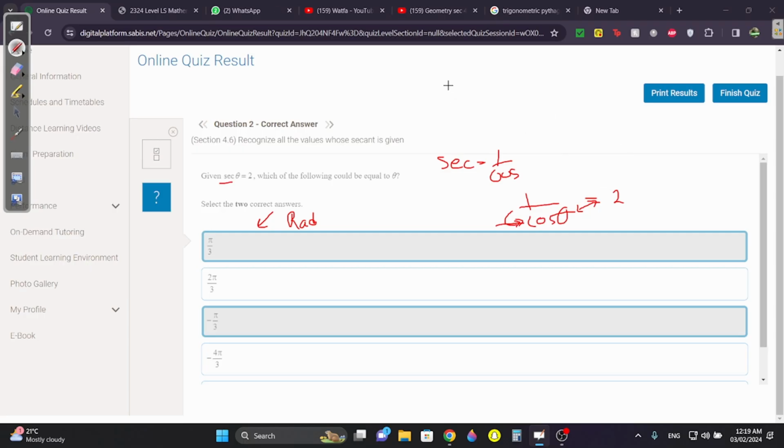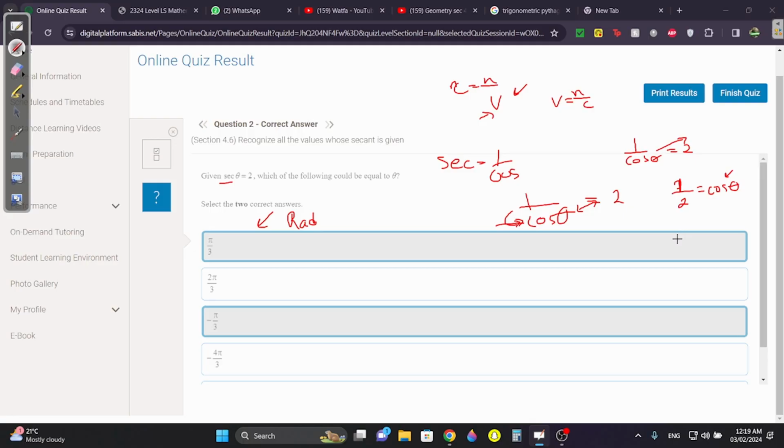In chemistry when we had C equals n over V, how would you find volume if it's down? You switch volume and concentration, so V equals n over C. Similarly here, when I have 1 over cosine theta equals 2, I just switch the cosine theta and 2, so it will be 1 over 2 equals cosine theta. This is just how you solve. Then how would you find theta? You do shift cosine, right?